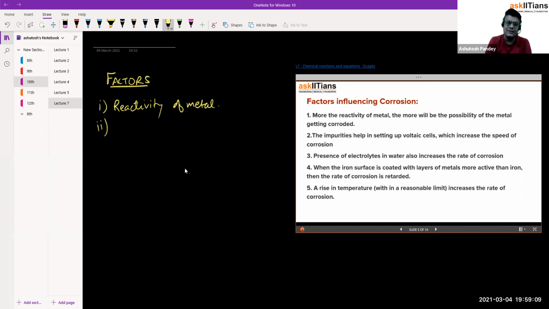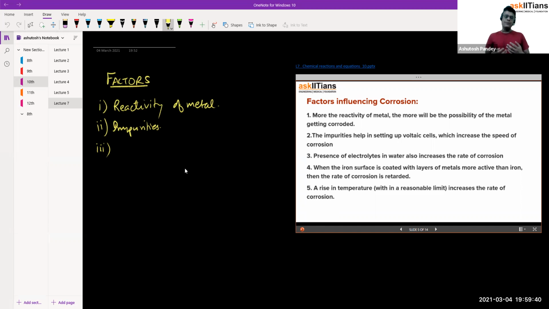Third, we can write: presence of electrolytes in water also increases the rate of corrosion. If an electrolyte or a salt is present in water, then what will happen? Corrosion is also a redox reaction, which means electrons are involved and there will be a flow of electrons.